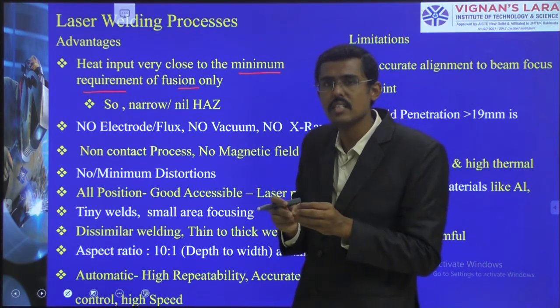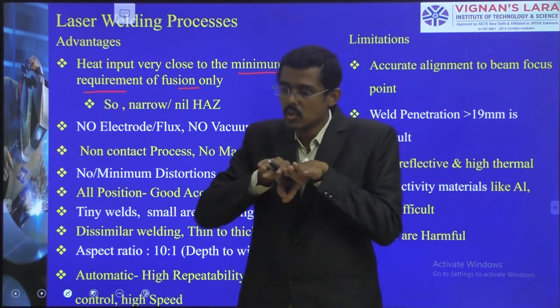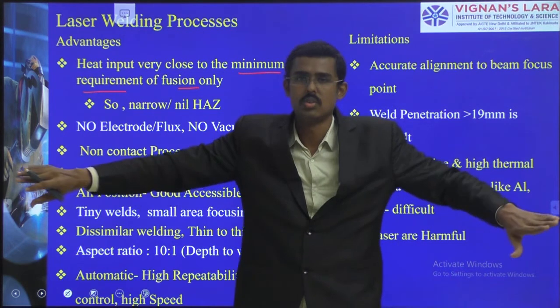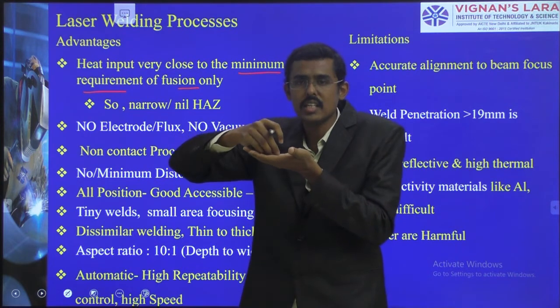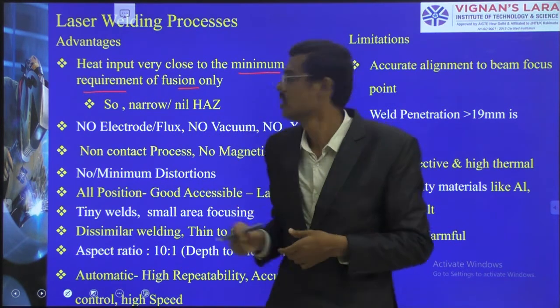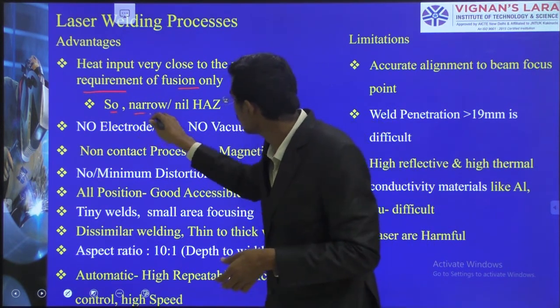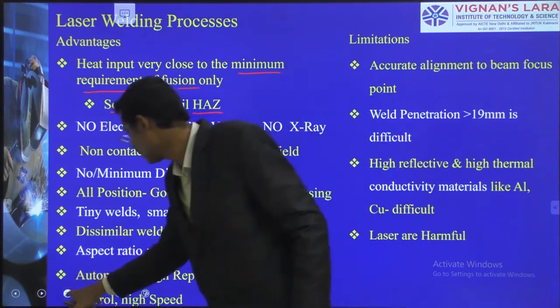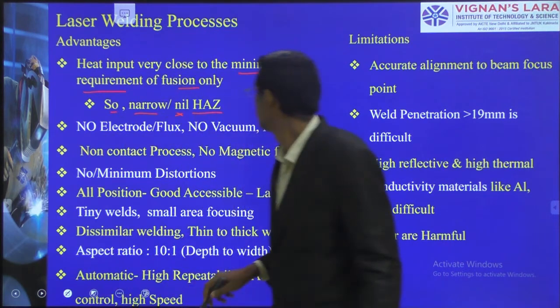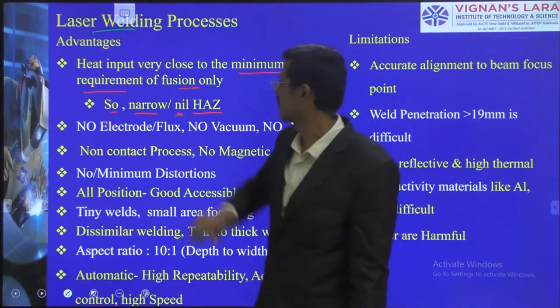There is no chance of extra heat being absorbed by the remaining zones. There are no heat affected zones, only specific point heating occurs. Therefore, heat affected zones are narrow or nil. These are all advantages of laser welding.